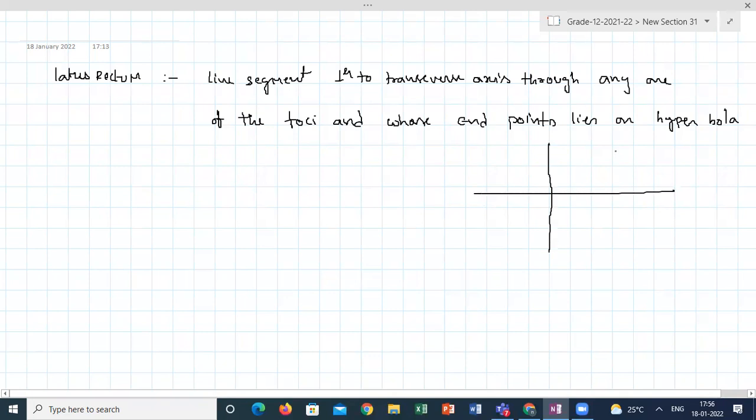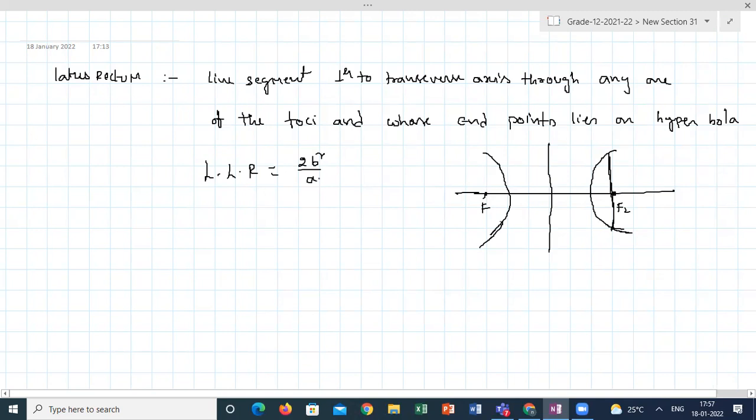If this is a hyperbola, this is the focus F2, this is F1, this is my latus rectum. The length of the latus rectum, if the x-axis is the transverse axis, is 2b square by a.